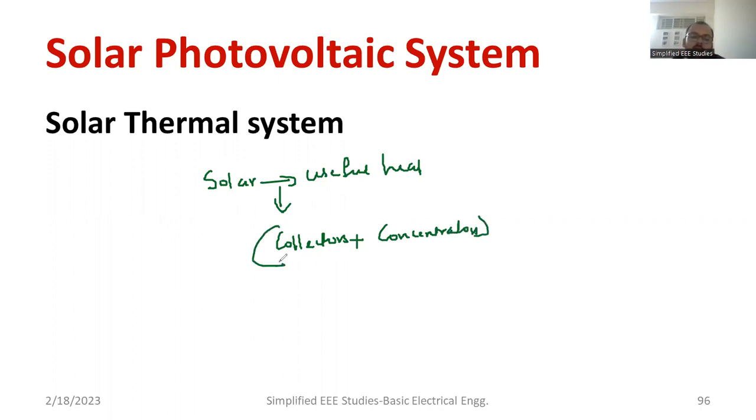We need to use special types of collectors and concentrators to grab the energy. So from the solar energy, we will be utilizing the heat. This type of system is known as a solar thermal system.